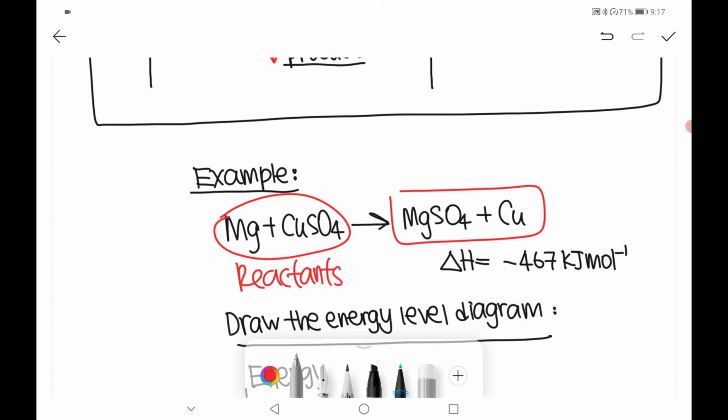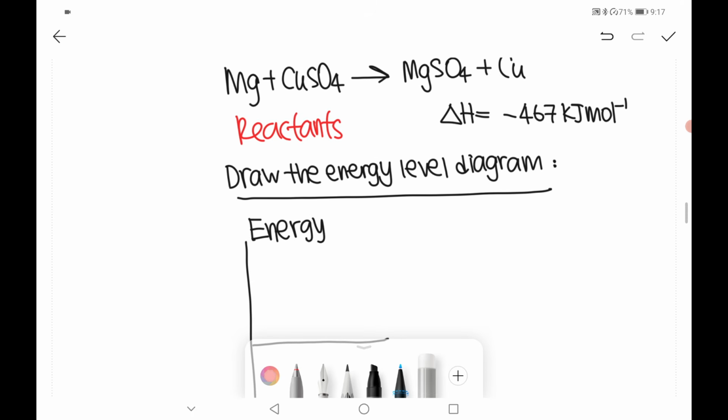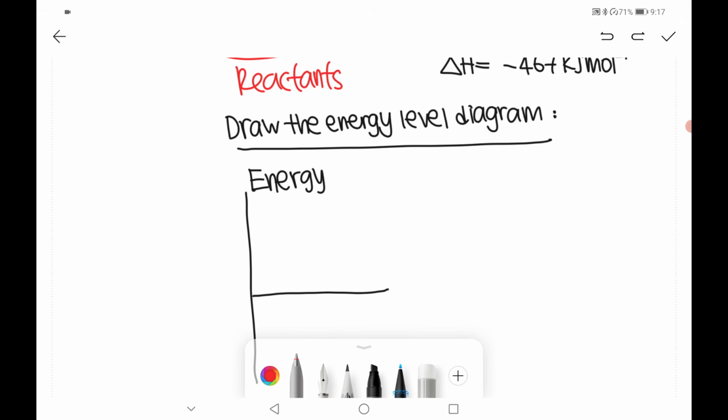Everything on the right hand side is product. This is a simple concept you learned in Form 4, Chapter 3. So now we need to put the reactants on the line here. Let's do it.